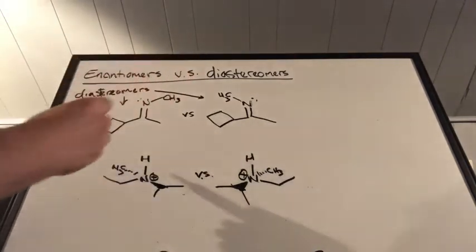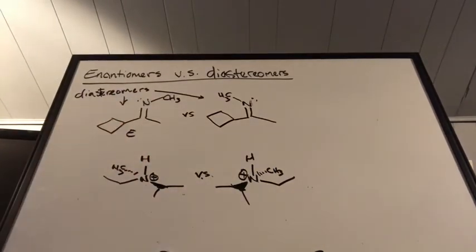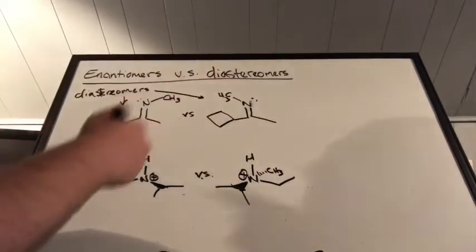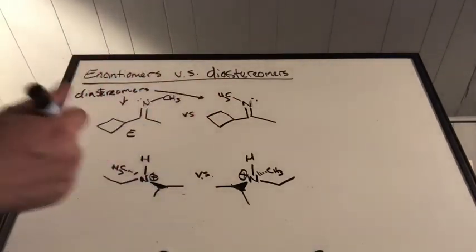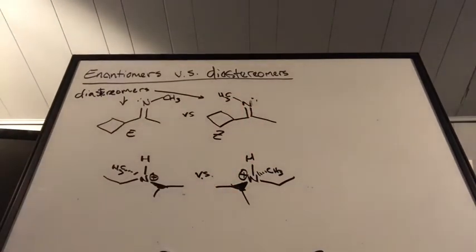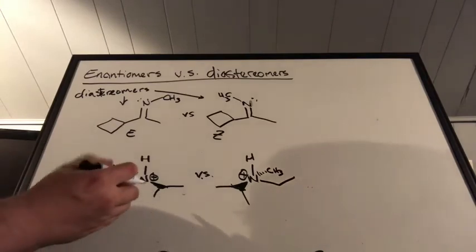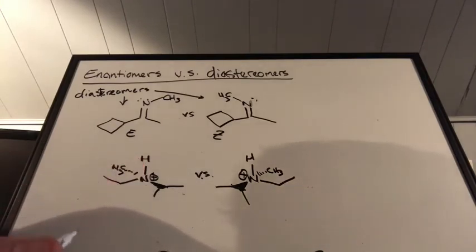If they're on opposite sides, this is going to be an E isomer, okay? And when both of these are on the same side, or together, it's going to be a Z isomer.